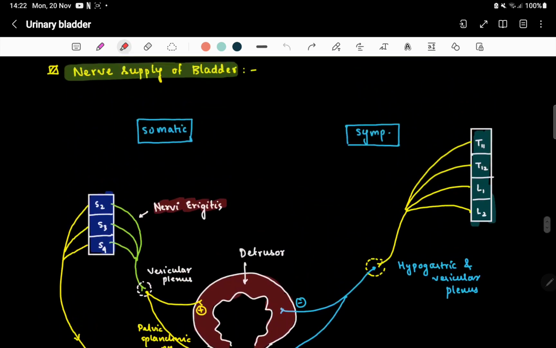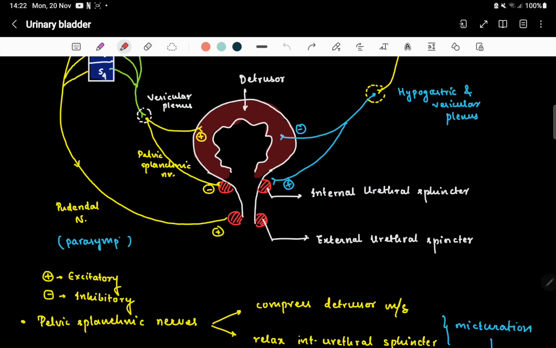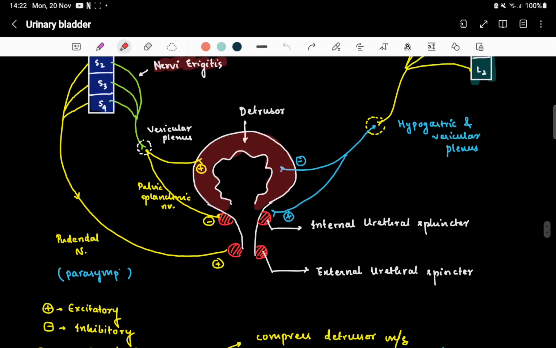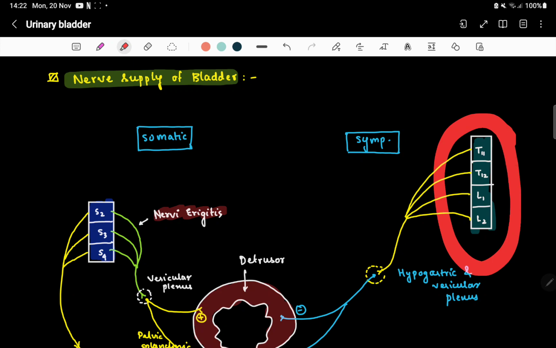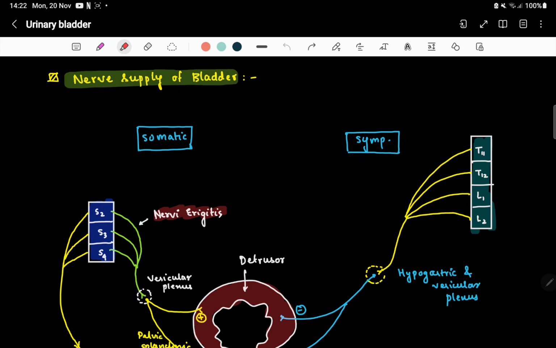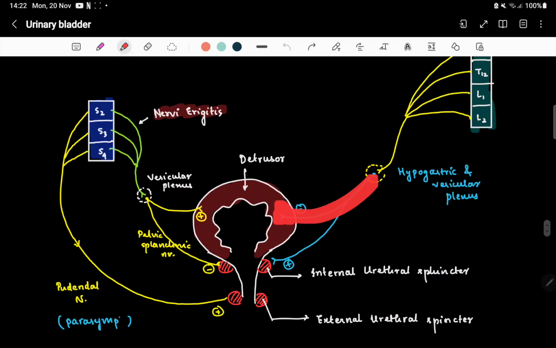And then we have some sympathetic nerve supplies. So in parasympathetic conditions the urination is favored, okay. And in the sympathetic mechanism, from T11 to L2, some nerves will come and relay into the hypogastric and vesicular plexus, which will inhibit the detrusor.